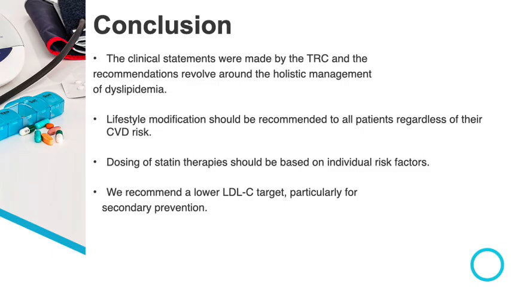The clinical practice guideline recommendations revolve around the holistic management of dyslipidemia. Lifestyle modification should be recommended to all patients regardless of their CVD risk. Dosing of statin therapy should be based on individual risk factors. We also recommend a lower LDL-C target, particularly for secondary prevention.